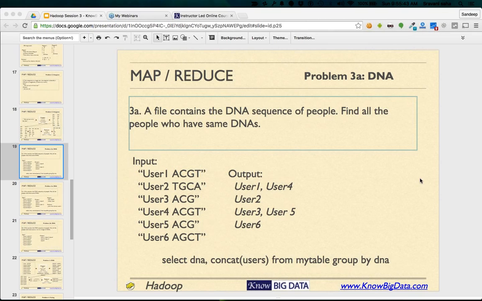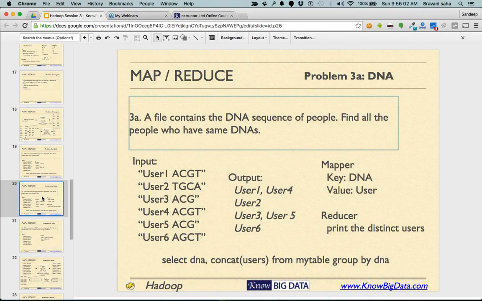Pankaj says there is no work for the reducer. The Hadoop framework will sort and merge the output. The only work you may want to do in the reducer is maybe remove the duplicate users in case there are, as Carlos was suggesting. Good. Brilliant. Excellent. So yes, the key will be the DNA and the value will be the user.